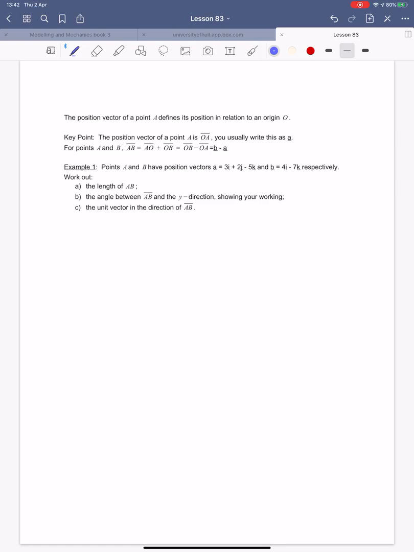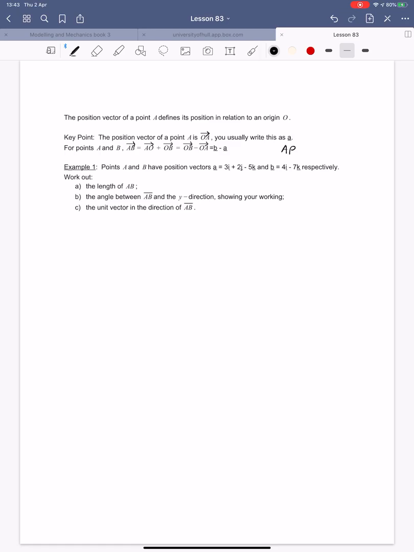The position vector of a point A defines its position in relation to an origin O. The position vector of a point A is O to A, and you usually write this as A. For points A and B, A to B is A to O plus O to B, which is equal to O to B minus O to A, which is B minus A. We've seen this before.